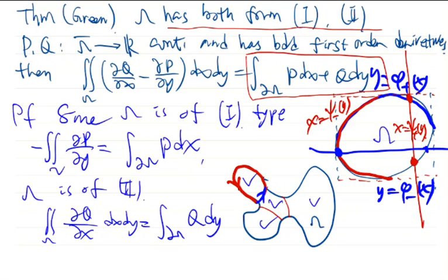But fortunately, when you consider this piece of omega, you are also applying the Green formula in this piece. You will have the double integral over this piece. We also produce a line integral over the same curve as part of the boundary of this region, with the opposite orientation.